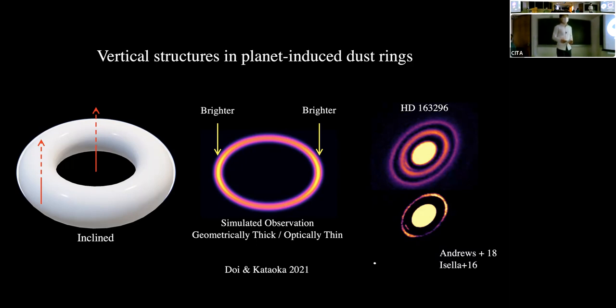The two panels are showing the same data except with different stretch. The middle ring in this particular disk shows this signature. The ring is brighter at the two ends along the major axis than the rest of the ring. It indicates a finite thickness of the ring, and perhaps they're produced by planets inside those gaps.